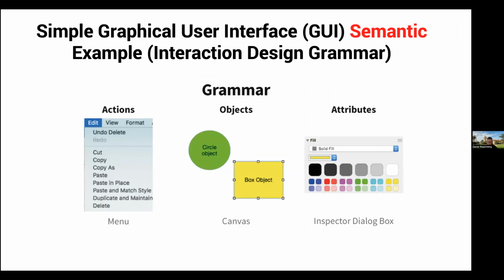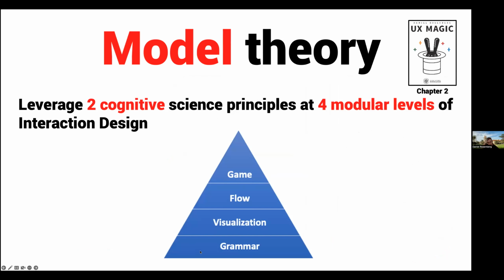My approach basically was to extend from this notion of the conceptual model, which is a grammar of objects and actions that I'll speak about in a minute, to map that to visualization patterns, flow patterns, and game theory patterns. But the game theory is not relevant for the purposes of this talk.